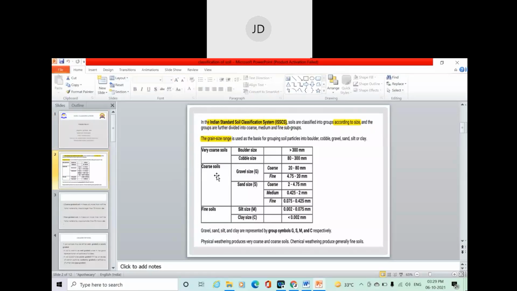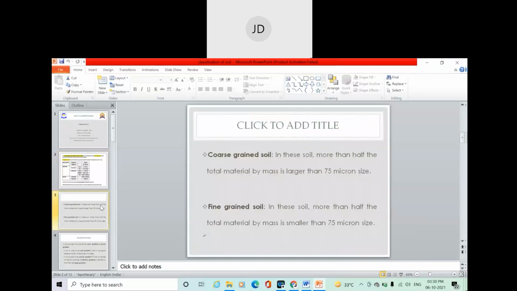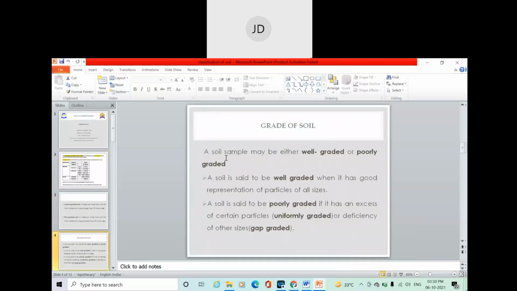Under fine grained soil we have silt and clay. Under coarse grained soil we have gravel and sand, and under very coarse grained soil we have boulder and cobble. What is coarse grained soil, what is fine grained soil, and about well graded and poorly graded soil were also discussed with you. Clear?